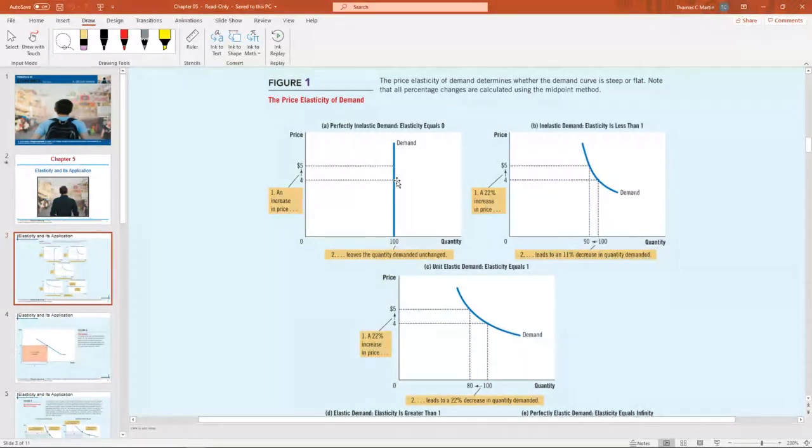If they're $10 a piece and you have to have 2 pills, you're still going to want 2 pills. If it's $100 a pill, you're going to want 2 pills. 1,000, you want 2 pills. In that case, the demand curve is perfectly inelastic.